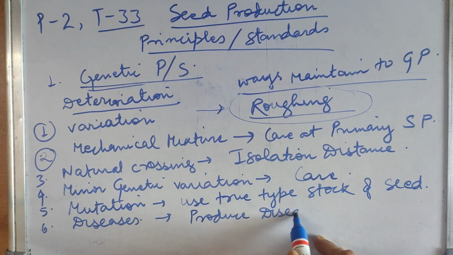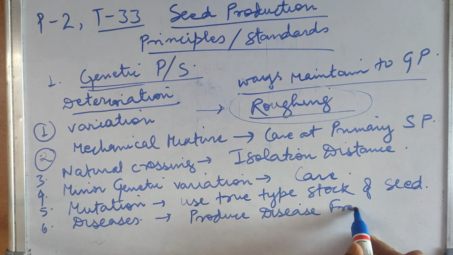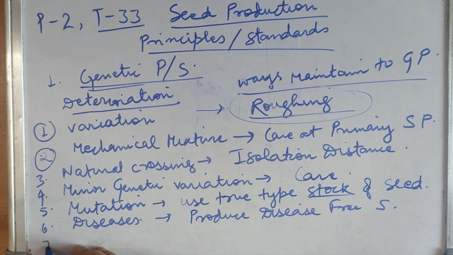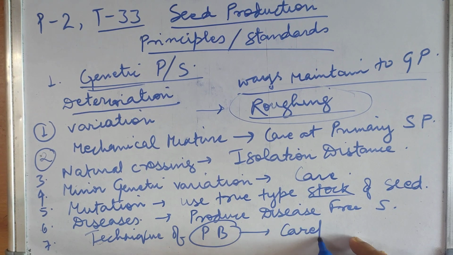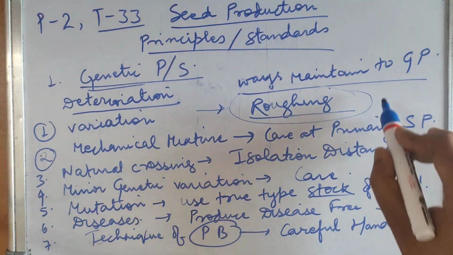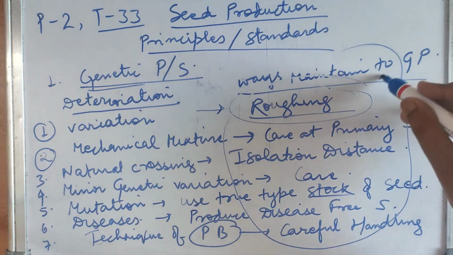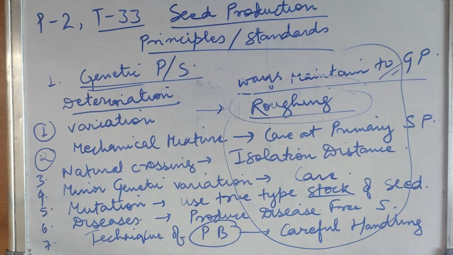And last one is technique of plant breeder. He needs careful handling. So these are the ways through which we can maintain genetic purity. So these are genetic principles or standards.